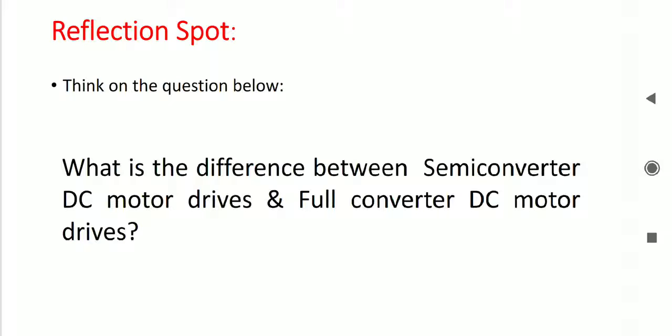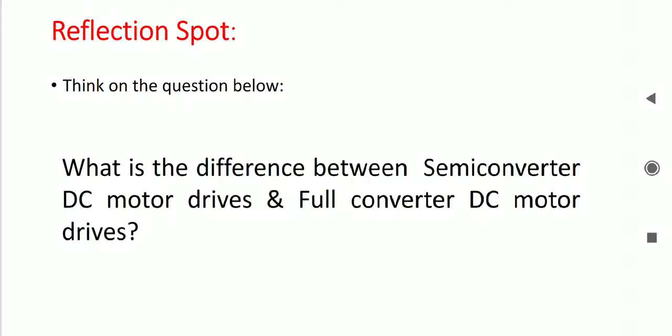The first difference is that there are two SCRs and two diodes in the semi-converter. In the full converter, we have all four SCRs, which are all controllable in nature. Secondly, the average output voltage formulas for the semi-converter and full converter.